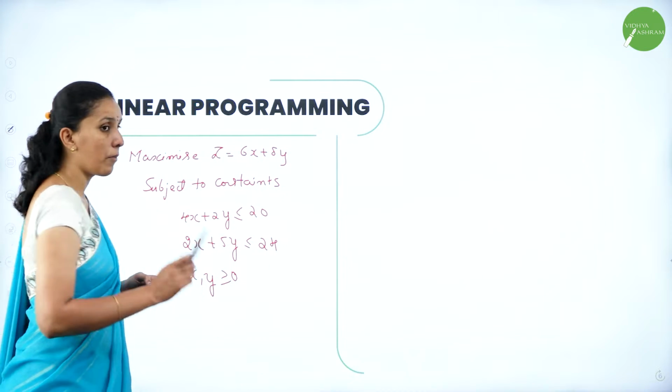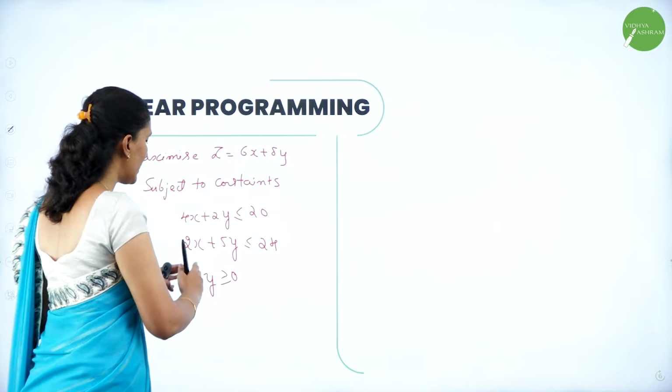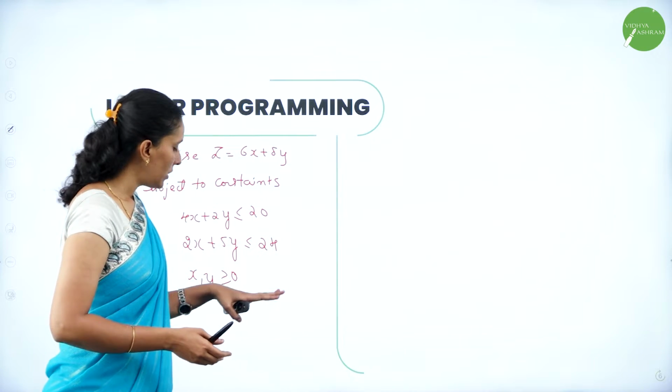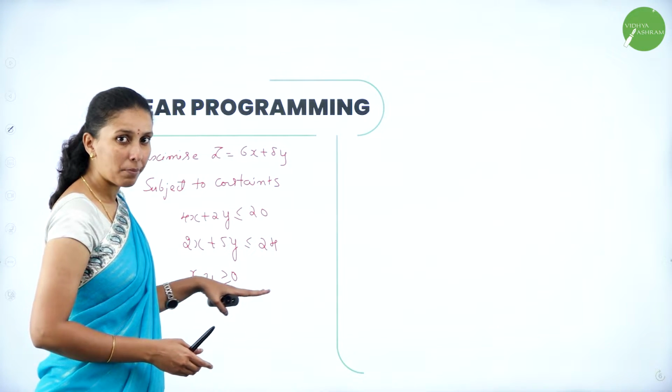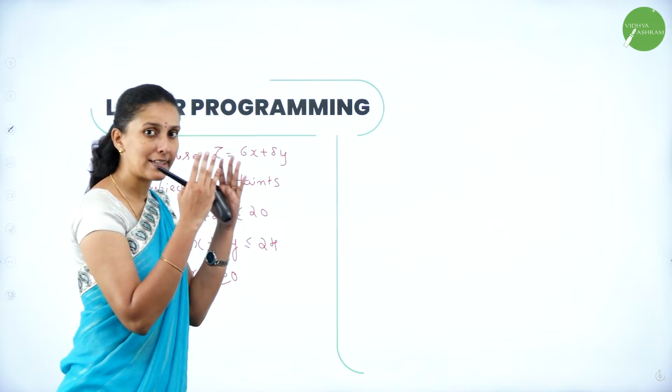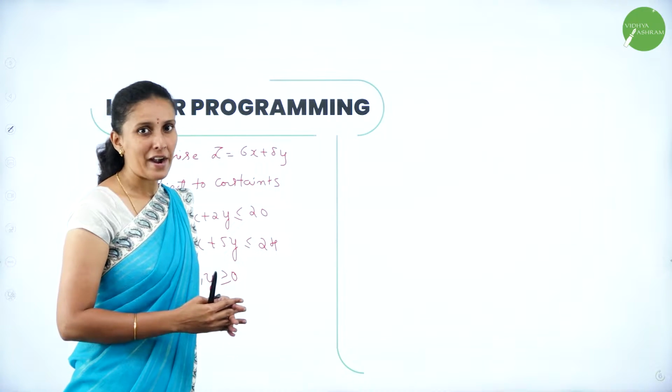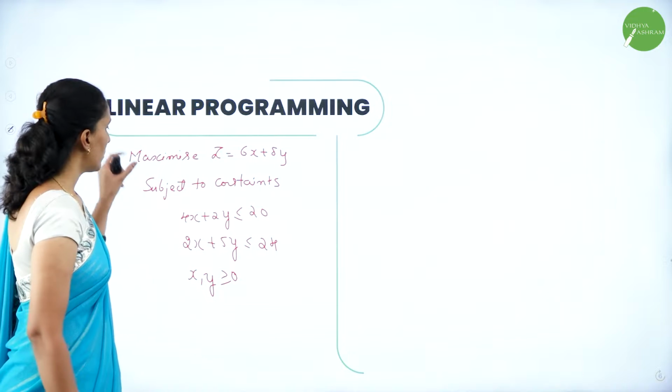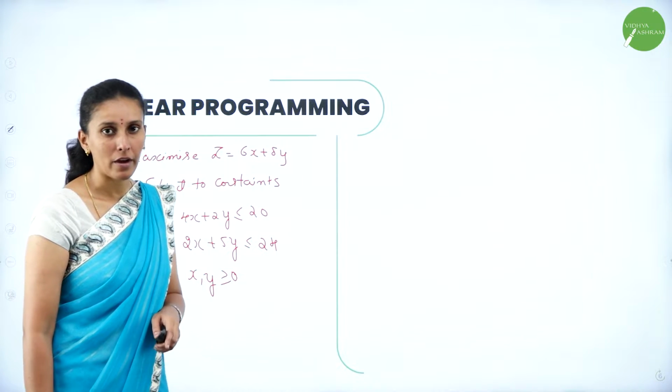Since it gives you the number of products of P and Q, obviously it has to be greater than 0. So this indicates when you're solving any linear programming problem, my solution will exactly lie on the first quadrant of a coordinate axis. So this is the answer for the given requirement.